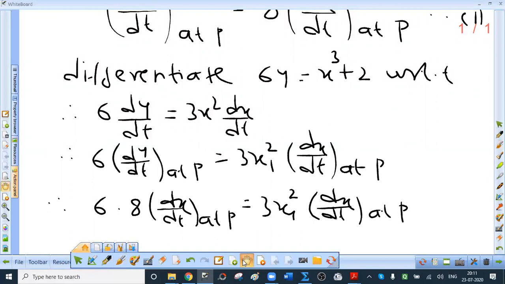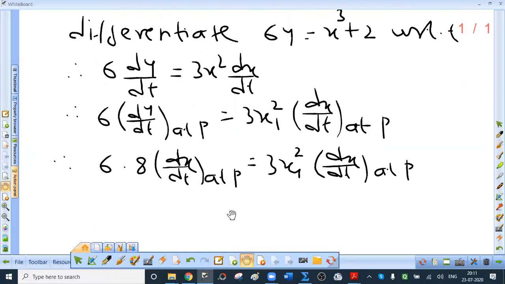Now we can cancel this. dx/dt is present in both the cases, or both the sides rather. Therefore I get equation x1 square. Tell me what is x1 square? x1 square will be 16. Therefore x1 is nothing but plus or minus 4.